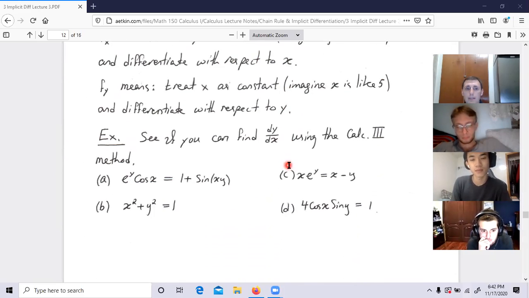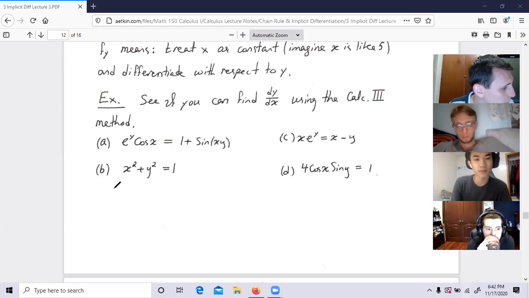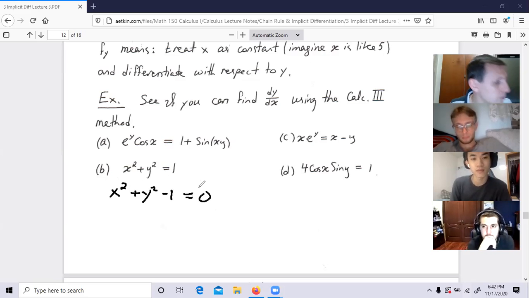Let me show you an example, okay? Let's suppose I am solving problem number B. First of all, I know my function on the left: x squared plus y squared minus 1 equals 0. Then I take minus the derivative with respect to x, divided by the derivative with respect to y.